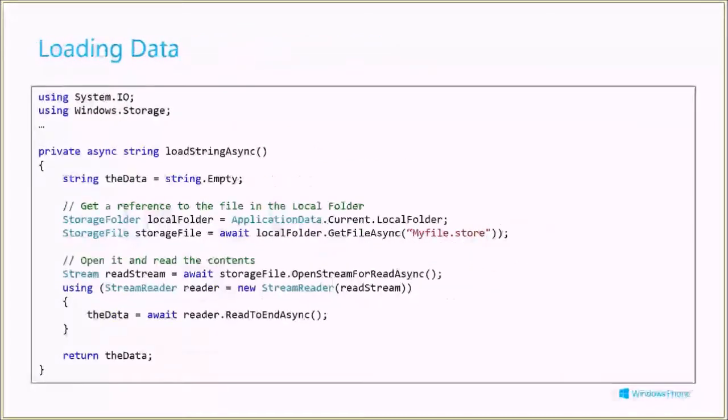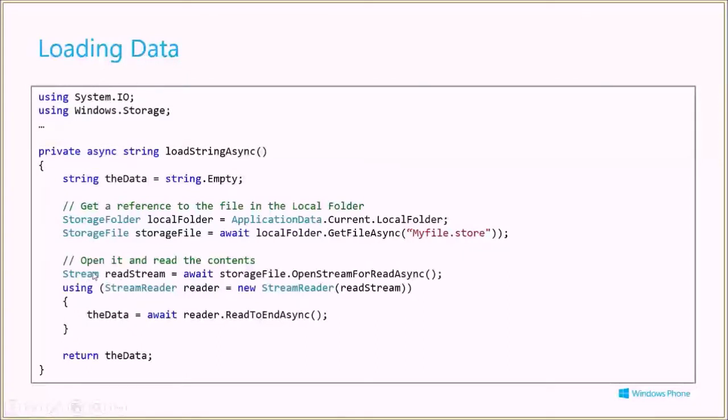So loading the data is the reverse operation, to read the string out of the file. The sequence is very similar, although we note that we use GetFileAsync instead. Again, you get a reference to the local folder first, and then a reference to the file in the local folder, dot GetFileAsync, and this is the name of the file that we're trying to reference. And then we open it and read the contents. How to open it?